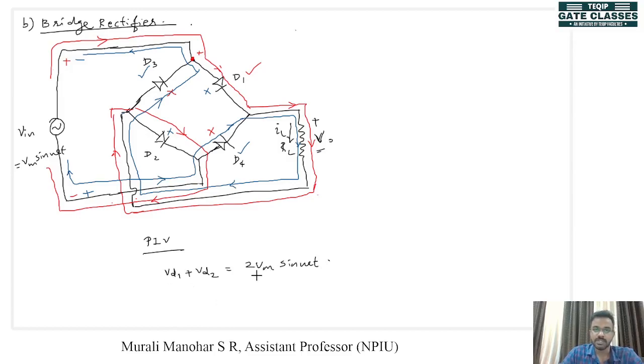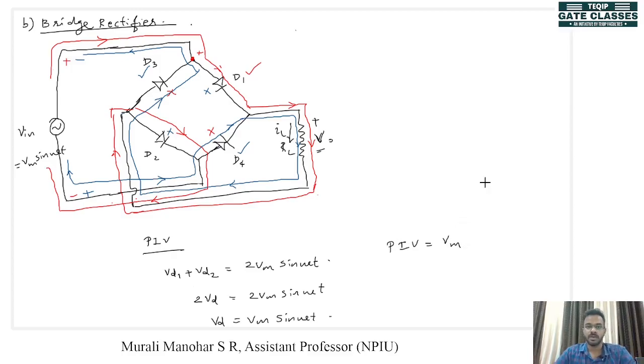If both the diodes are the same, then this is 2 Vd, which is equal to 2 Vm sin omega t. So Vd will be equal to Vm sin omega t. That means the PIV of a diode in a bridge rectifier will be Vm only. This is the only difference. All the rest of the things remain the same.